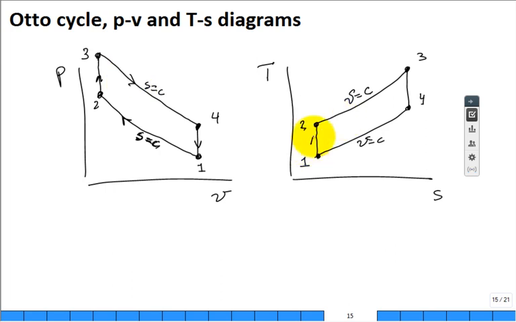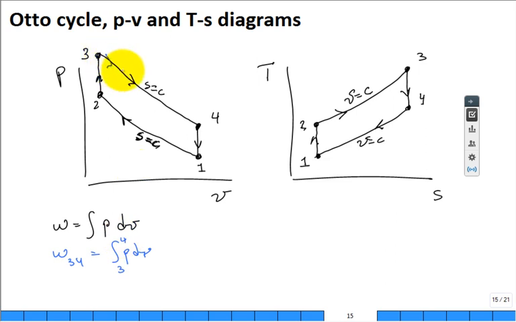I'm kind of putting arrows for the directions of all the paths. Why do I put them as solid lines? They're all int rev, internally reversible. Now, the specific work is the integral of P dv, true or false. That looks good. So we can say that the work, let's do 3 to 4 first, is the integral P dv from state 3 to state 4.